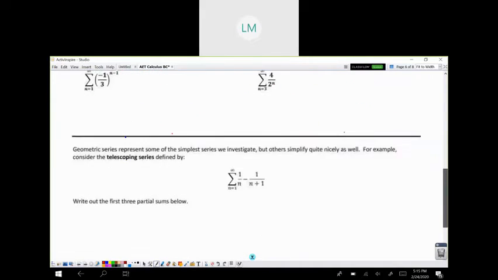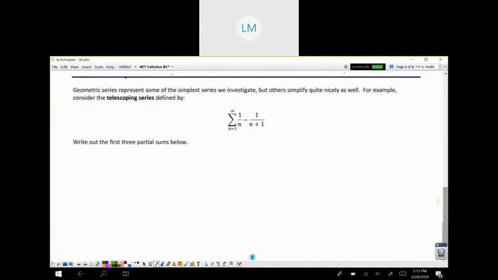Okay, so geometric series are some of the simplest that we investigate, but others simplify quite nicely as well. Now, this is what's called a telescoping series, and you should recognize this as a partial fraction decomposition.